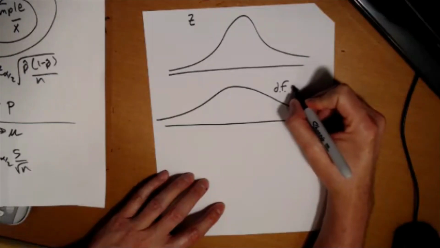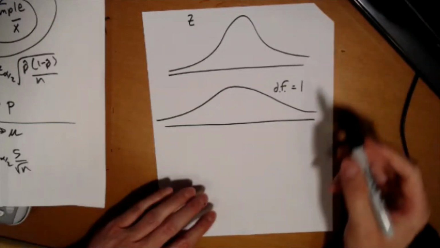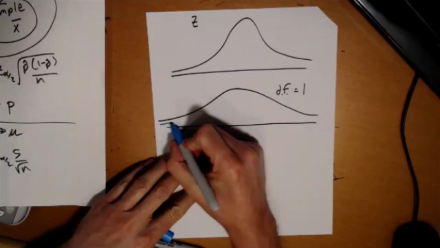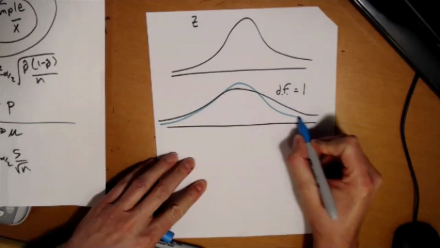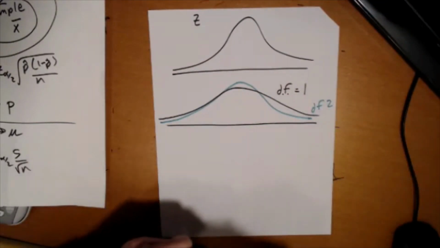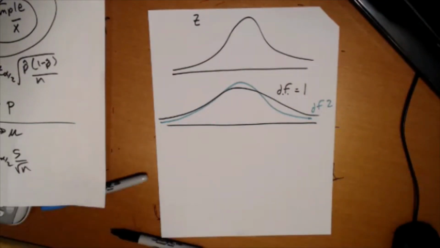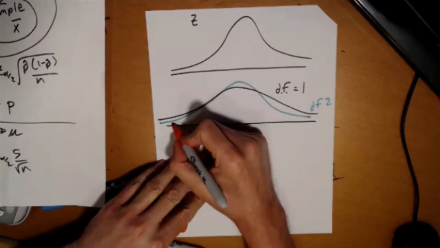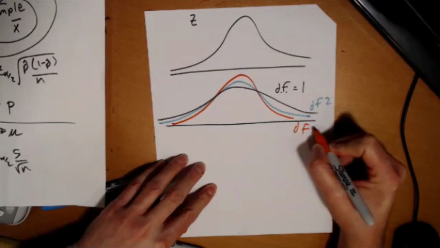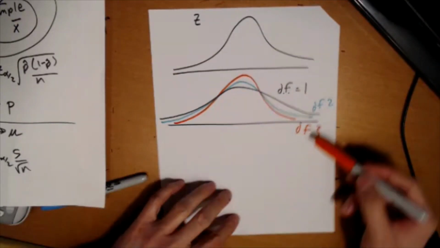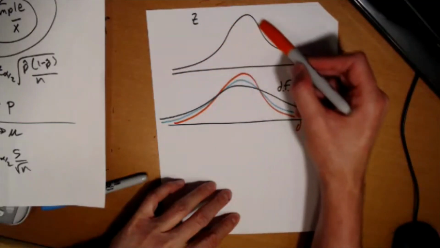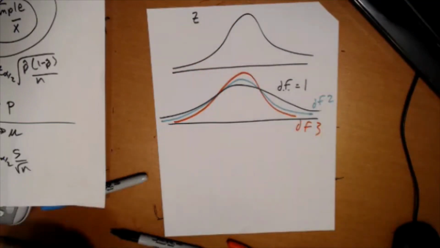So degrees of freedom, say maybe 1. And then let's say it got a little bit more peaky like that. That might be degrees of freedom 2. And then it's slowly getting steeper and steeper. It might look something like that. That would be degrees of freedom 3. And as the degrees of freedom increase all the way to infinity, it eventually turns into the normal distribution, the z.